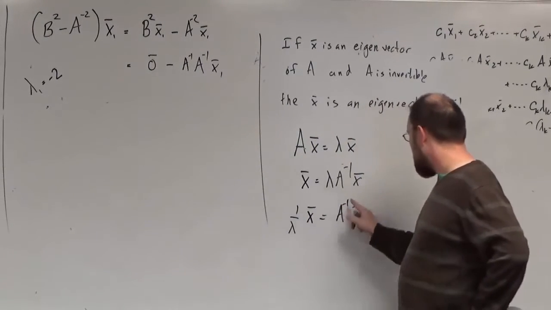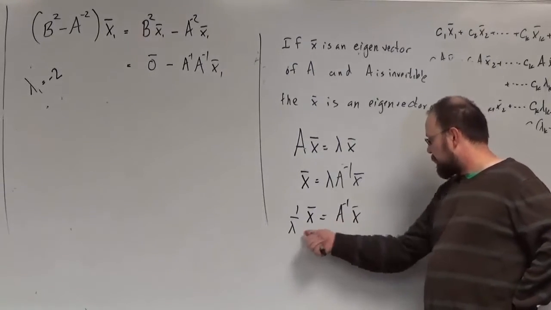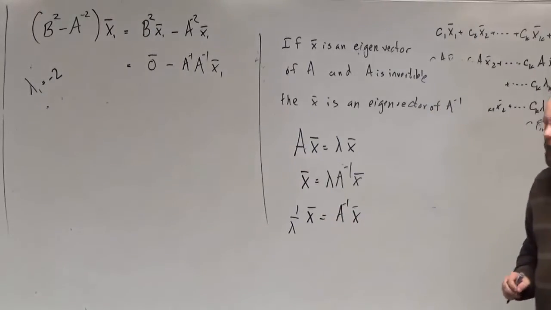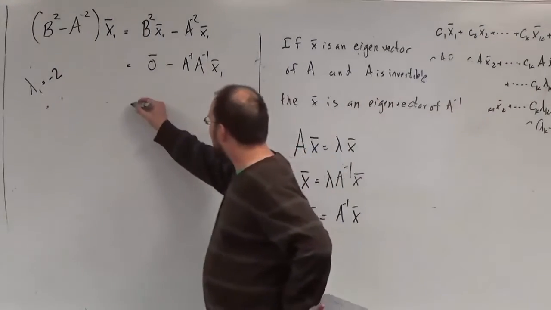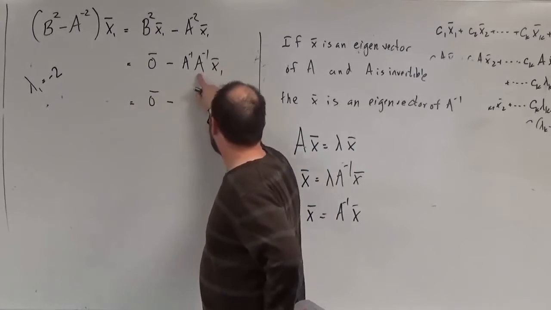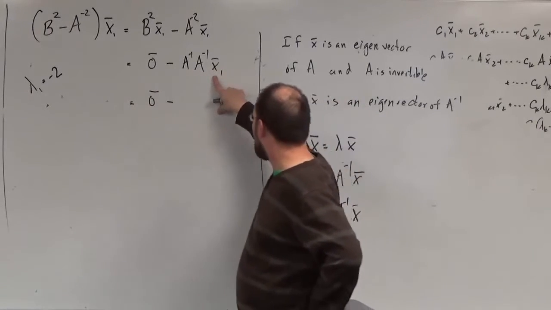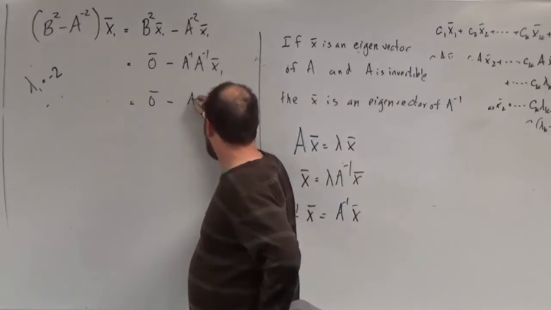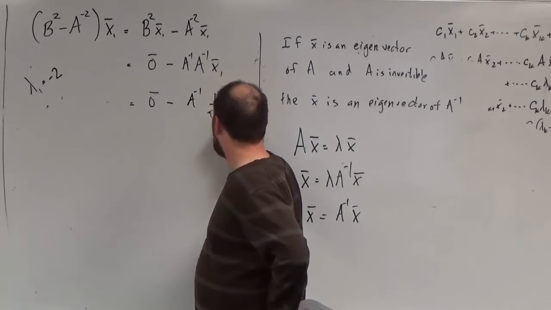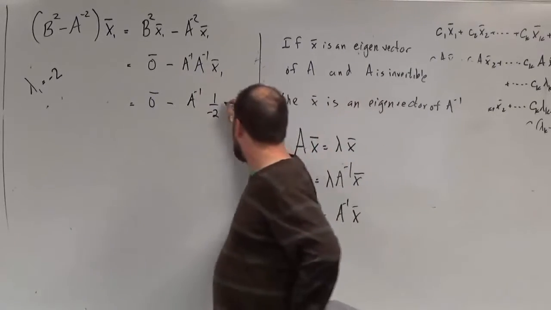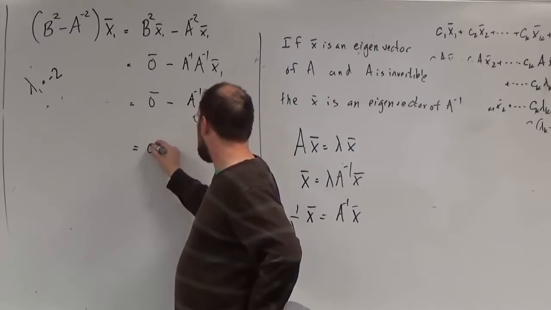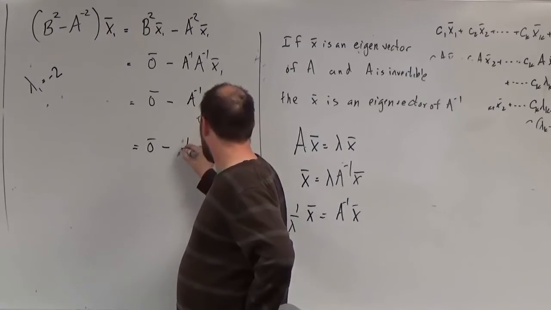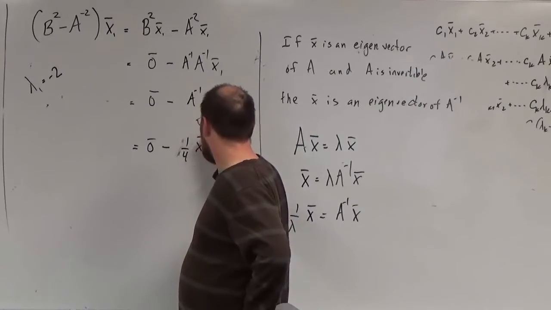What we have is A inverse times a vector x equals a multiple of that vector x. So x is also an eigenvector of A inverse. I forgot to mention that. So A inverse times this eigenvector will give you the reciprocal of the eigenvalue -2. And then you multiply by A inverse again, and you get 1/4 x.